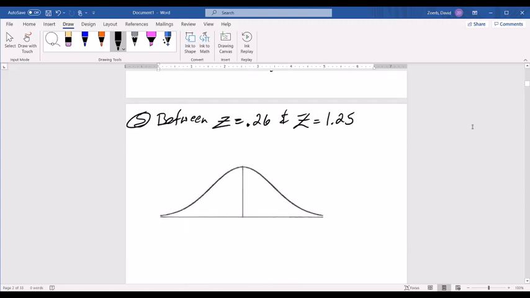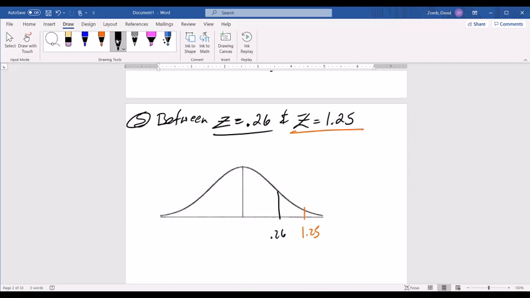Now I want between 0.26 and 1.25. Let me use some color coordination here. So that one is going to be that color. This one's that color. So put one mark, and it'd have to be 0.26, and then I'd have to put another mark somewhere down here, and that would be 1.25.